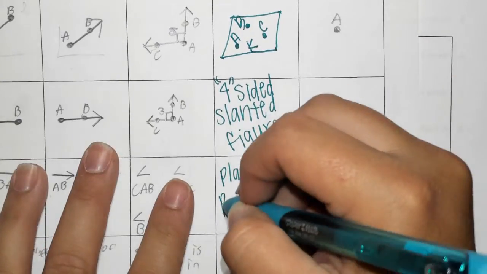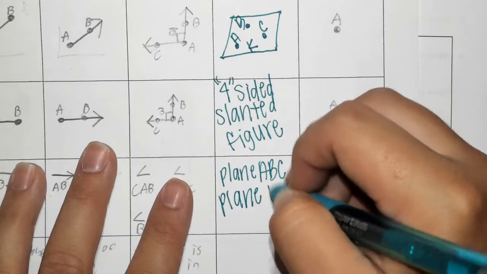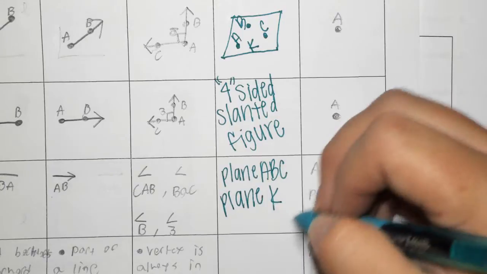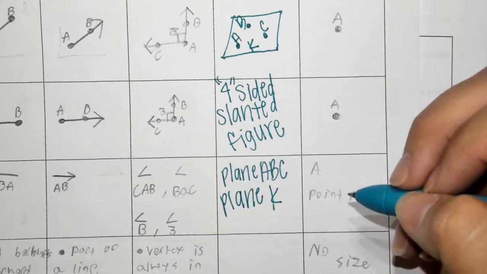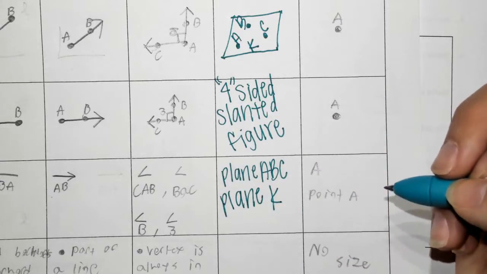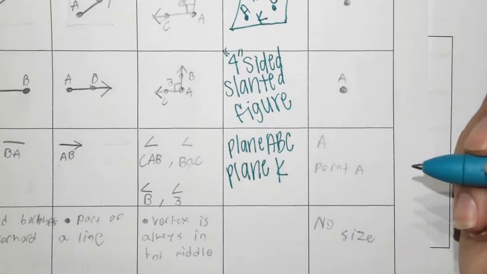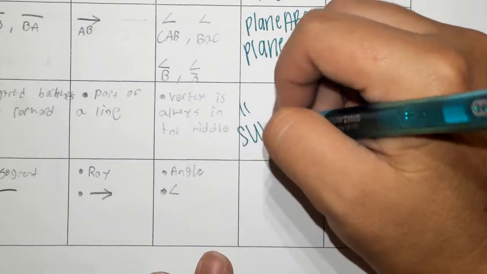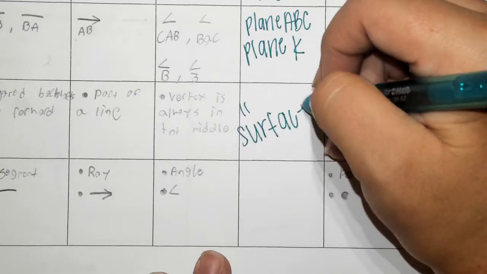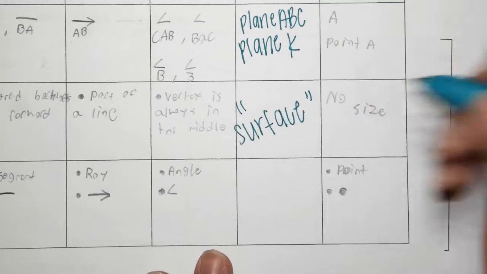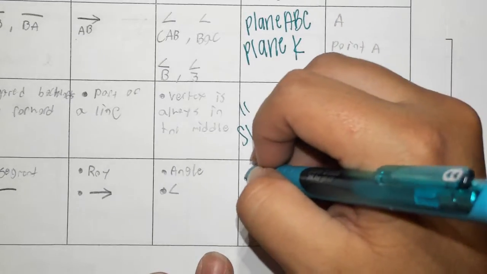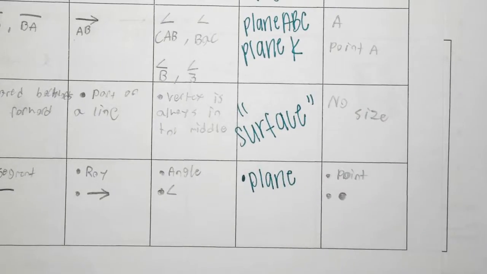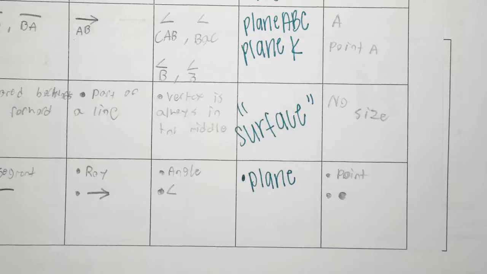So this would be plane K, only if K is not a point. Facts: think of it as a surface. And then the symbols: there were no symbols, but your keyword could be plane. Does that help? Now can you finish the first page?